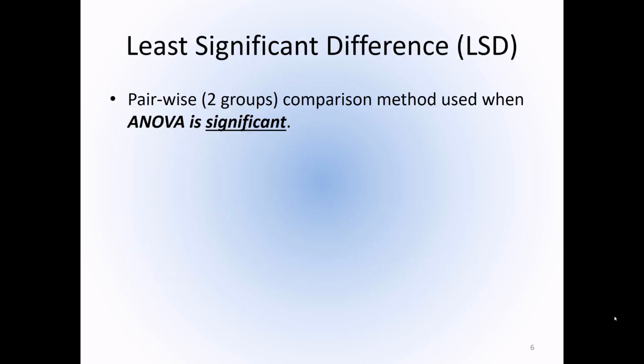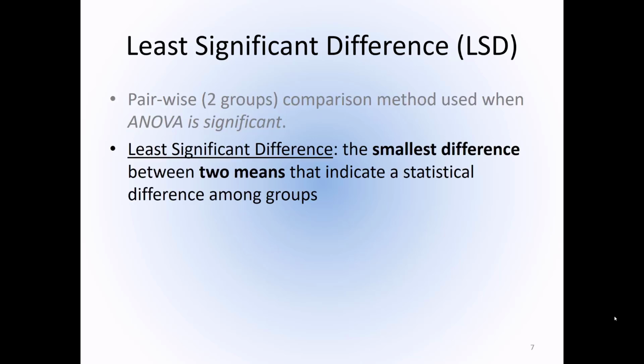So we can use the least significant difference in order to determine which of those Bayes is different from one another using pairwise comparisons. Again, this is only if ANOVA is significant. If we don't reject the null hypothesis for ANOVA, we wouldn't take this next step. So the least significant difference is the smallest difference between two of the means that we're comparing that indicate that they're statistically different, meaning that those groups are different.